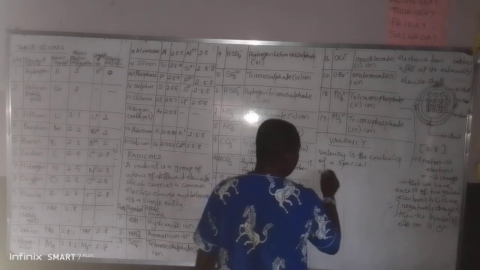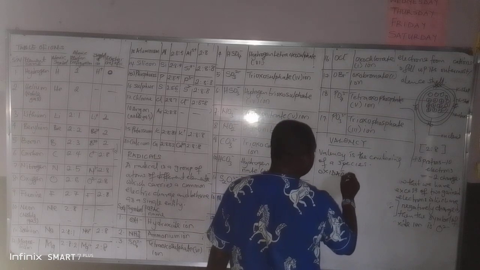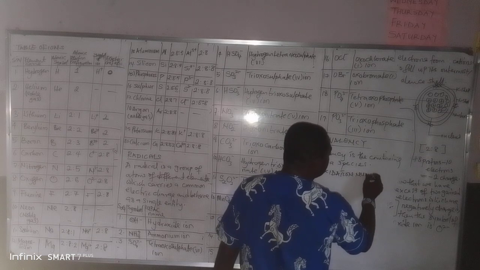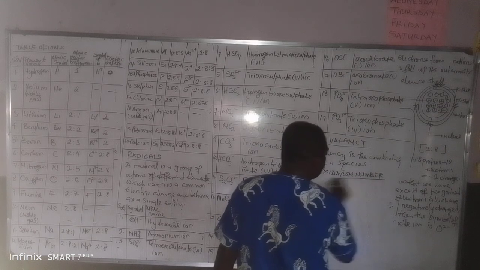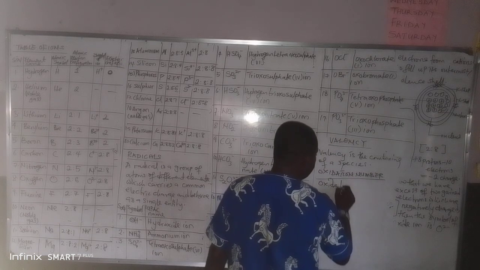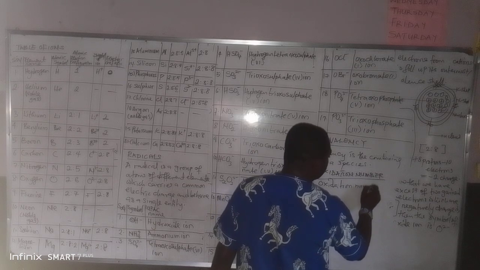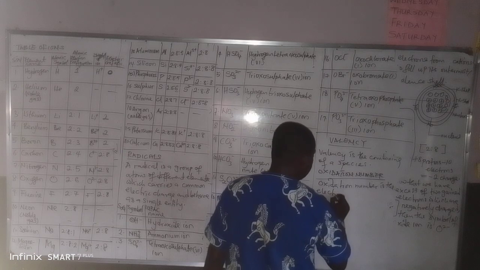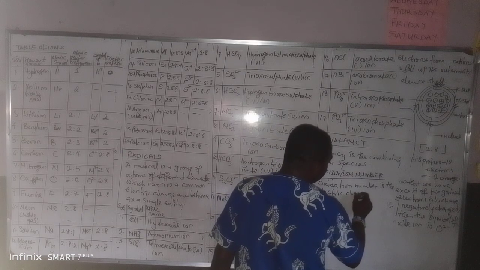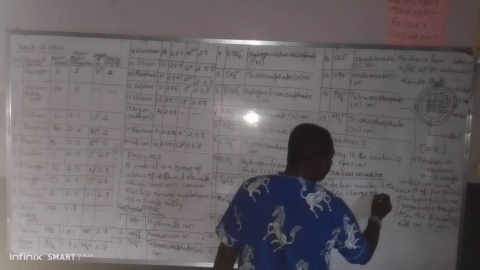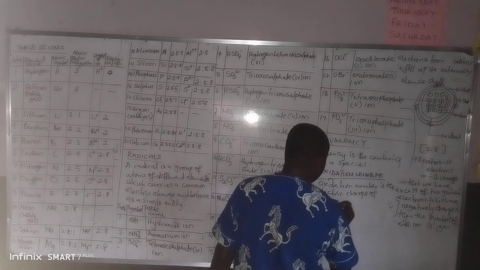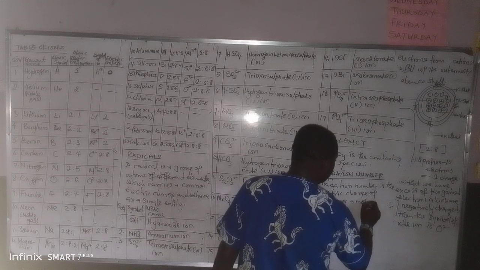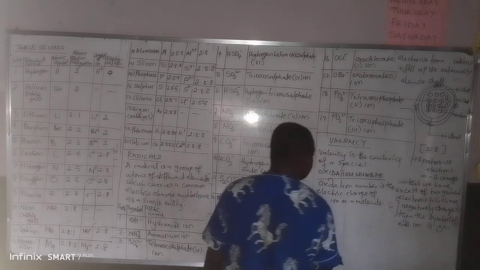So what is oxidation number? Oxidation number is the electric charge of an ion or a molecule. The electric charge that something carries.